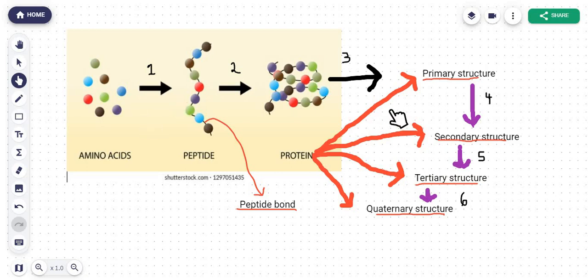So basically when a protein is made, from step number 1 and step number 2, it is then converted via step number 3 into its primary structure, and then the primary structure is converted into a secondary structure, then the secondary structure is converted into a tertiary structure, which is lastly converted into a quaternary structure.